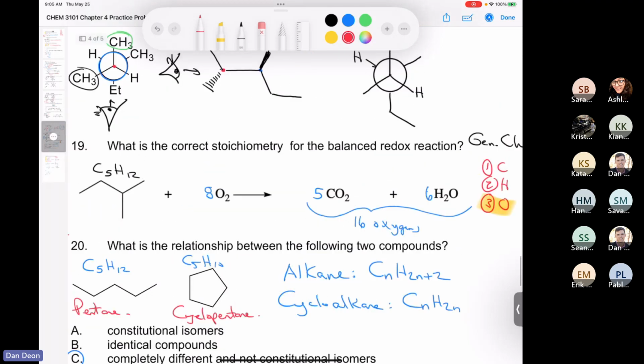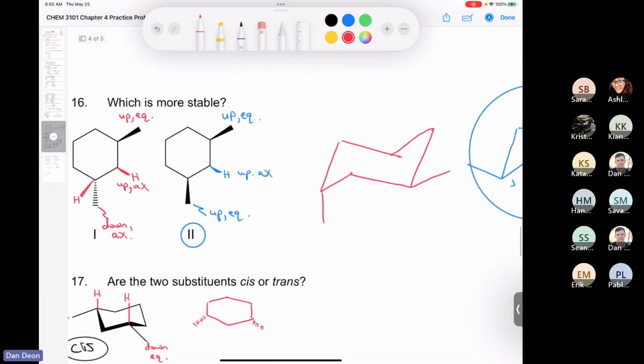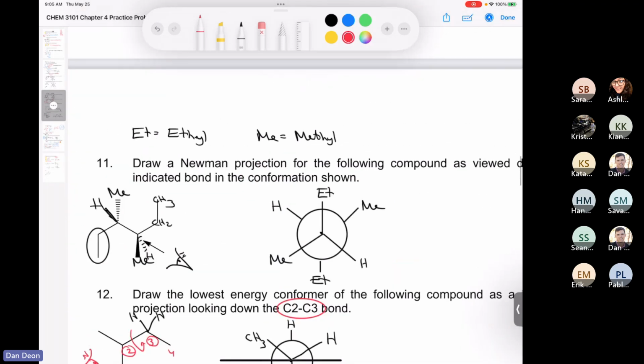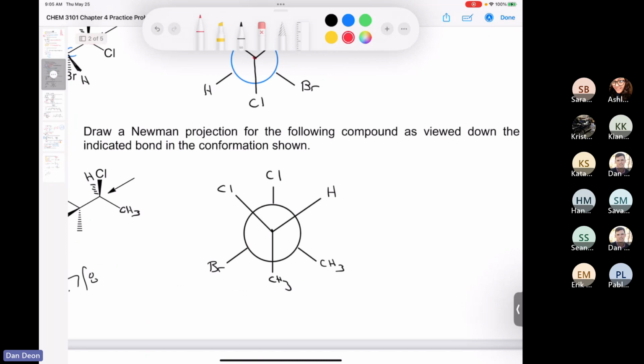Let me quiz you on something else. Let's go back to a Newman for a second. There's something I wanted to ask you about that. Let's try this one here. Okay, we've got lots of room. Does anybody remember what this angle is called? This theta angle. Well, it's 60 degrees, obviously, here. But could anybody tell me what that angle is called?